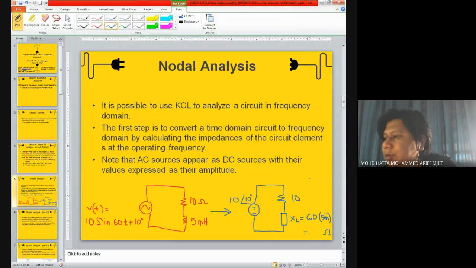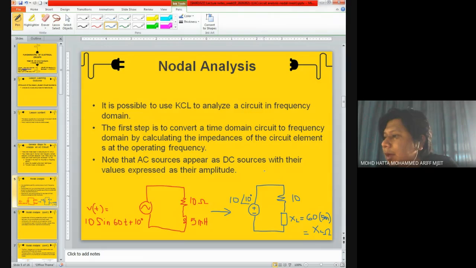Let's say I calculated this and I put it as XL ohm.